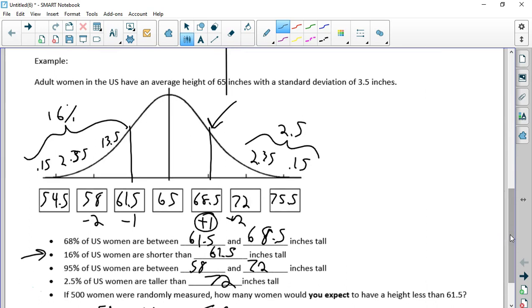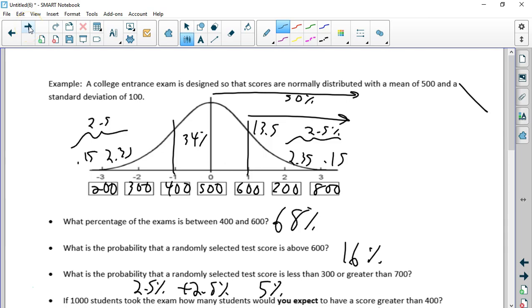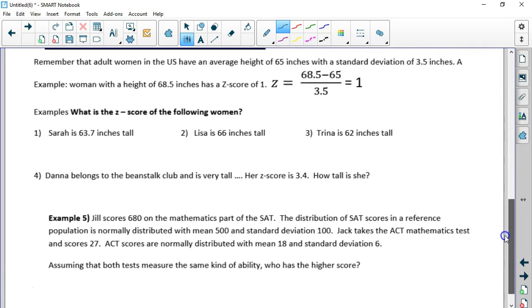So 63.7 would be somewhere in there, between 61.5 and 65. In other words, we should get a value between 0 and negative 1. It's kind of a nice idea to predict, looking at the graph, what the number should be. So if you do something wrong on the calculator, it doesn't make sense and you can go back and correct it. So 63.7, actual score, minus the mean, divided by the standard deviation. And when you type that in the calculator, you get negative 0.37. And that makes sense, between 0 and negative 1.